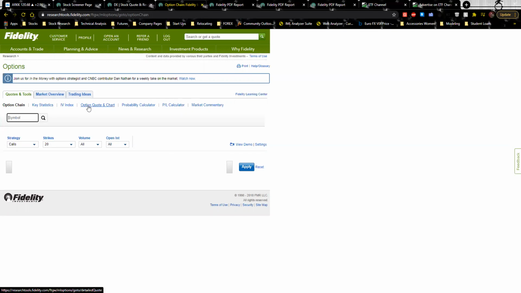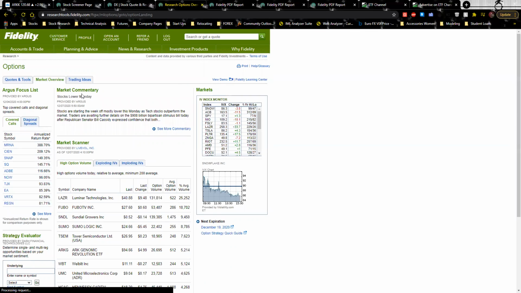You can put on a chart and compare it with the actual stock. These are the probability calculator. I showed these before. You can see what the commentary about the market has been. Then you can get a market overview of the options, then trading ideas. So it's really dope stuff to look at.